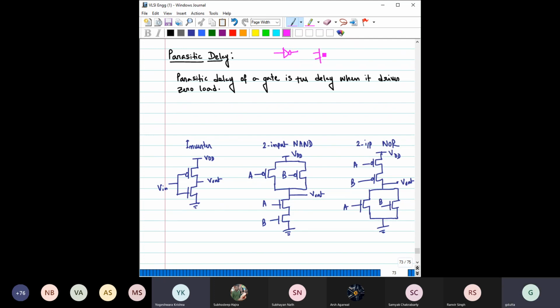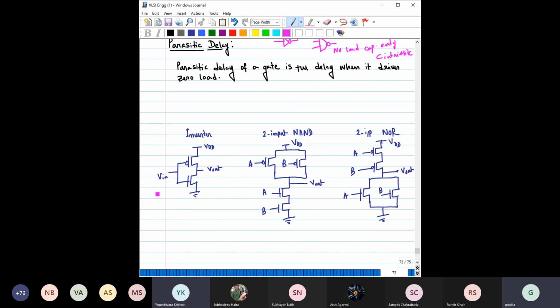Again, if it is a 2 input NAND gate, then also you have not connected any load, no load cap, only the intrinsic capacitance.